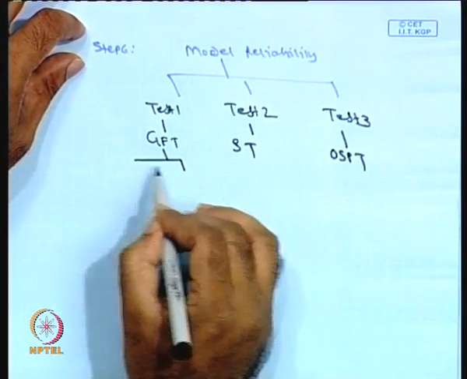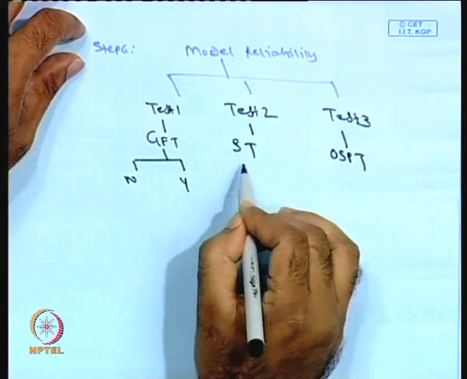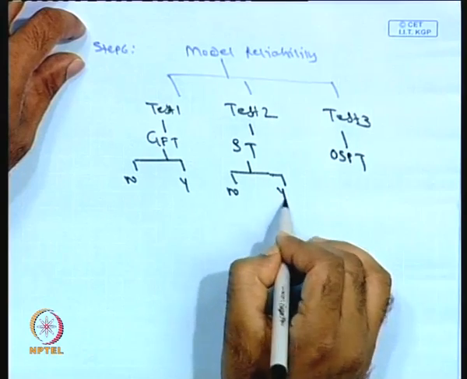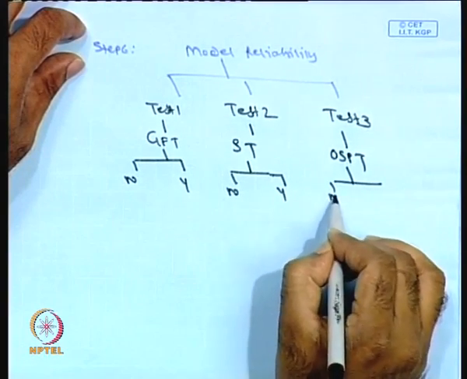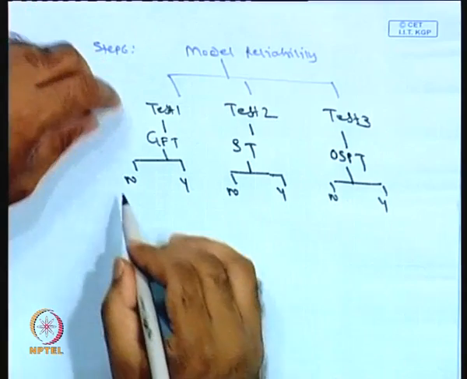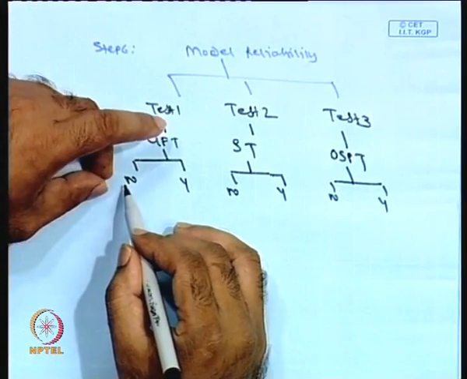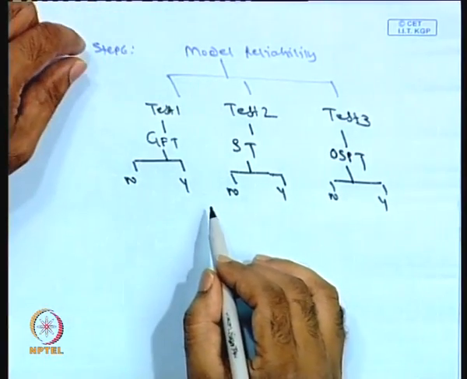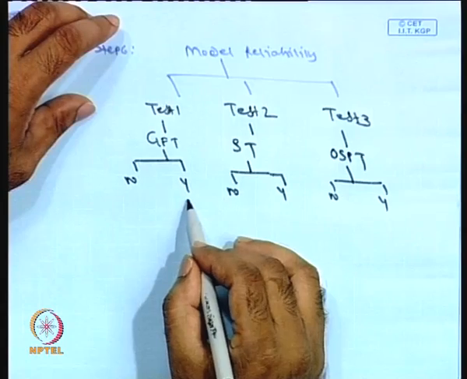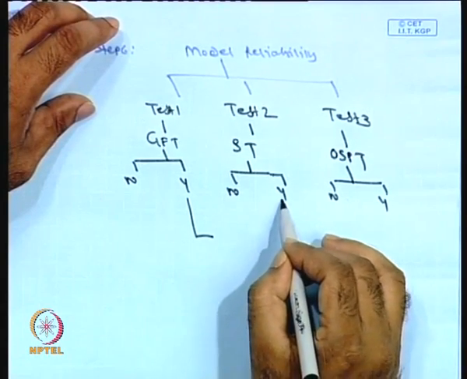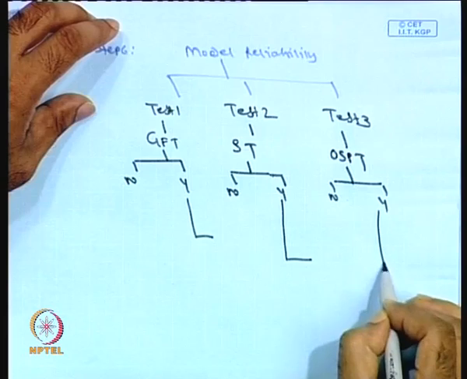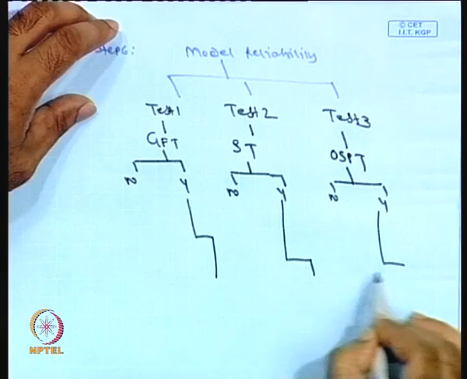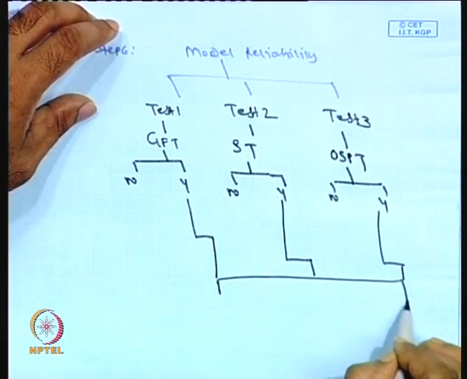So, obviously, it is no situation and yes situation. So, now when every test gives no, no, no, then obviously we have to go to step 2. So, now if it is yes, yes, yes, okay, then you have to go for step 7. So, now this will give you step 7 overview.